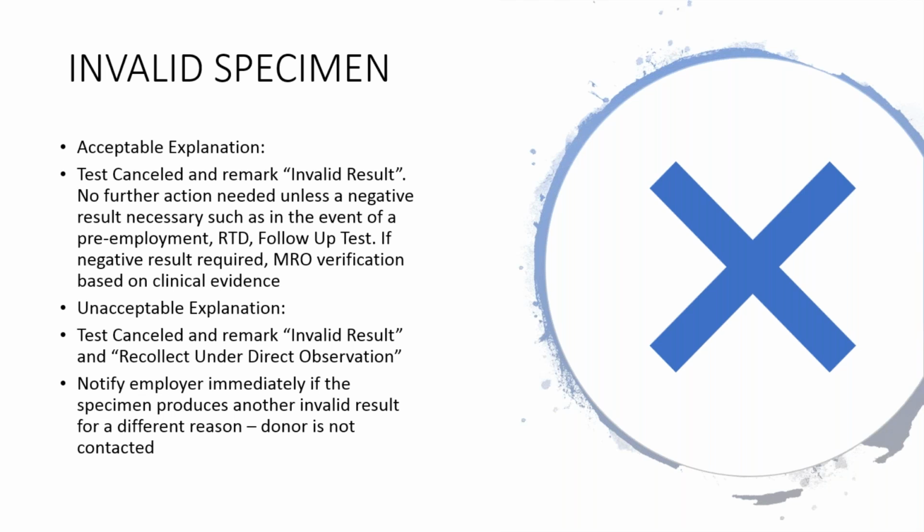With an unacceptable explanation, the test is canceled, remarked invalid result, and recollected under direct observation. Notify the employer immediately if the specimen produces another invalid result for a different reason. The donor is not contacted. So sometimes we do run across these, and you may see these from time to time.